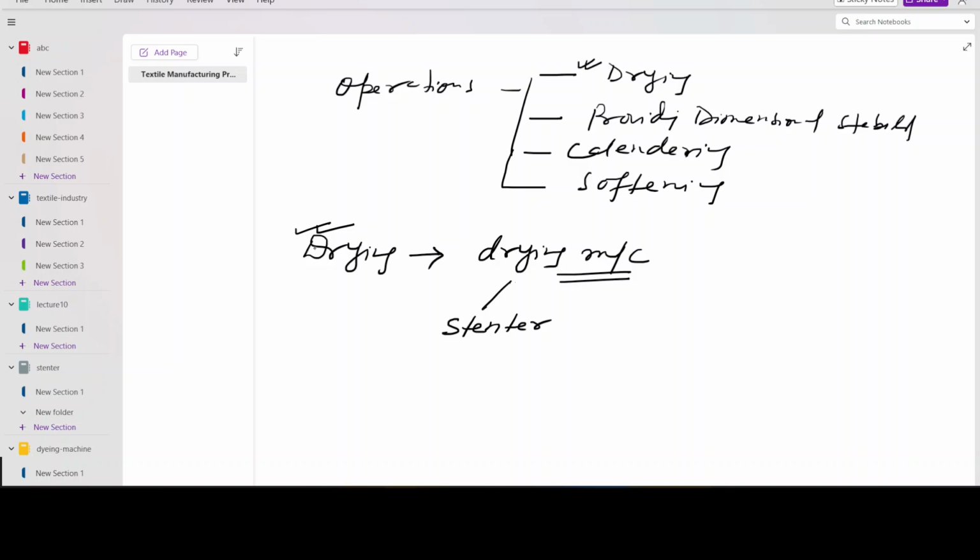In performance evaluation of textile equipment, we will see the drying process also.